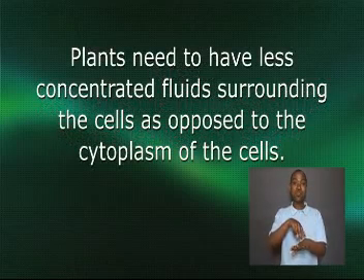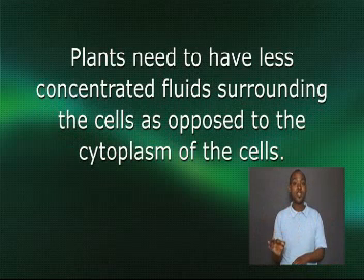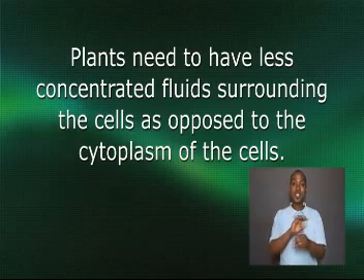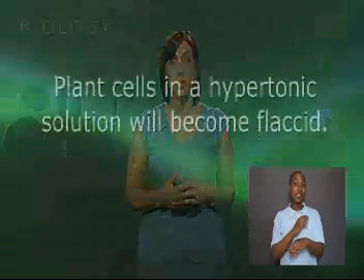It is important for plants to have less concentrated fluid surrounding the cells as opposed to the cytoplasm of the cells. If the fluid that surrounds the cell becomes a hypertonic solution, meaning the solution will be more concentrated than the contents of the plant cell, water will leave the cell by osmosis.